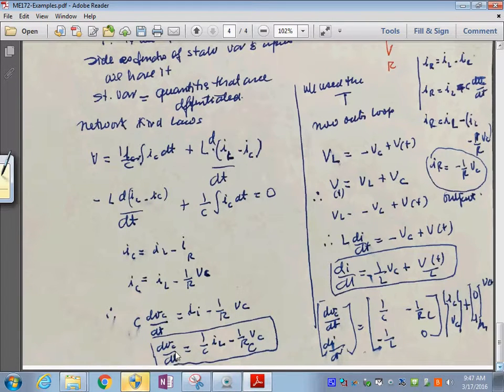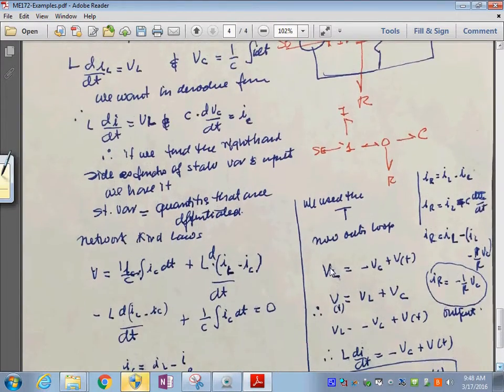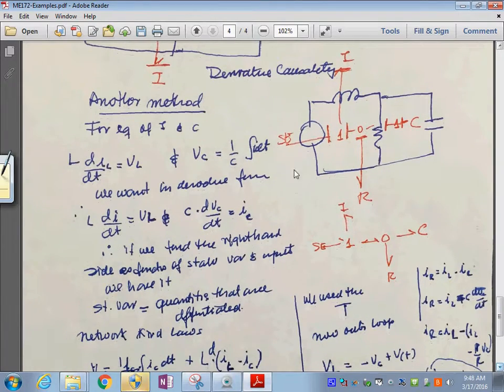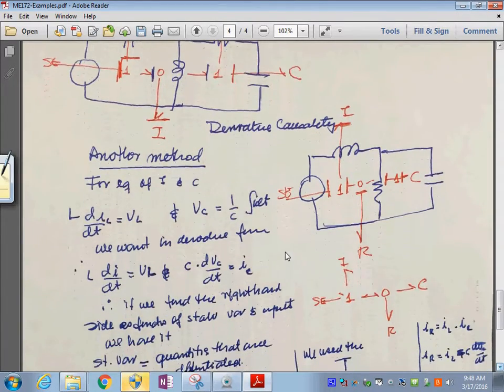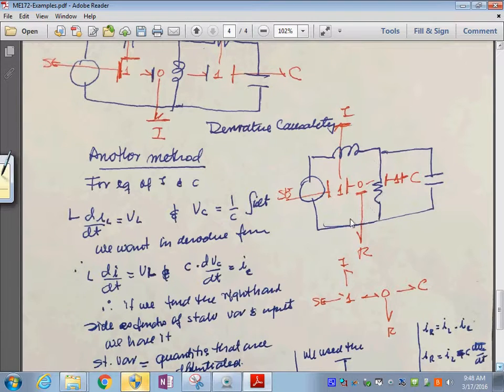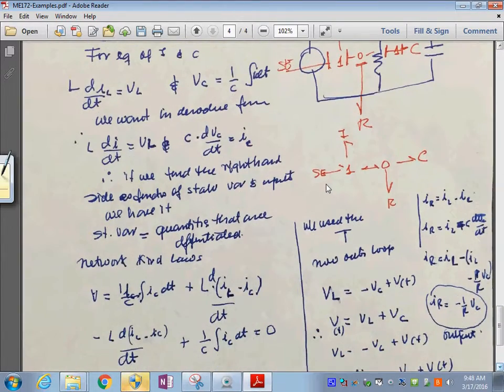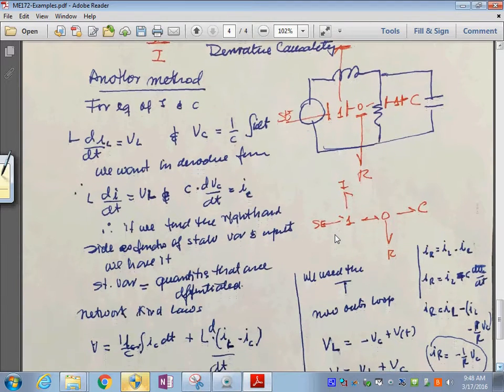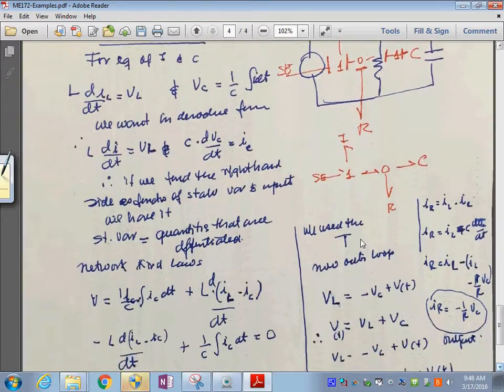See, and we want this because the other state variable is B sub L, is this one. So we only, and this is an input, so we only need to work on this. And if you do that, you see B sub C in here is, if you divide by L, you have this in terms of B sub C and the inputs. And using these two equations, you can put them in a state space form. See?